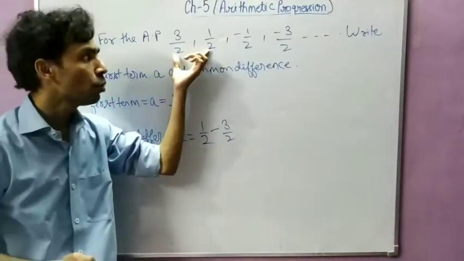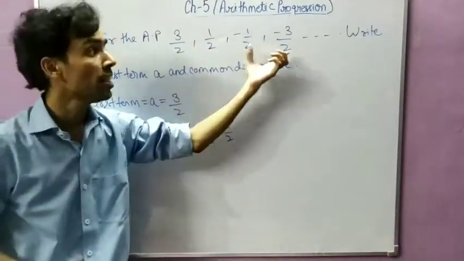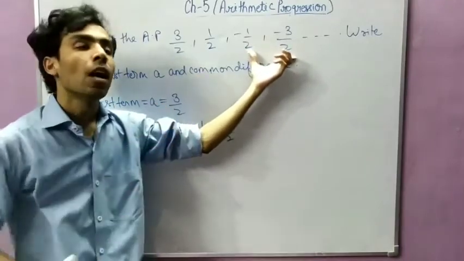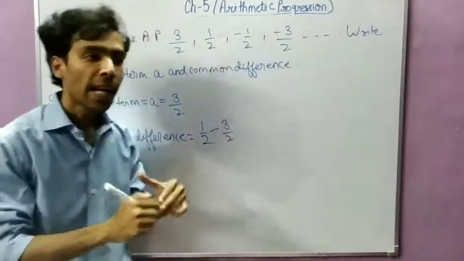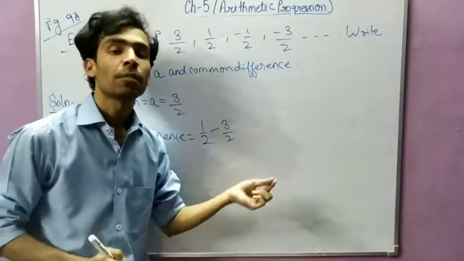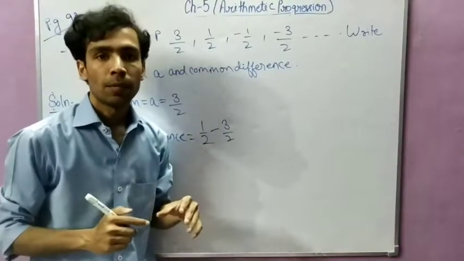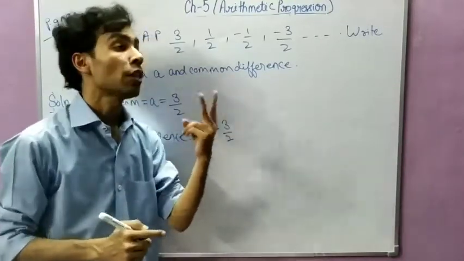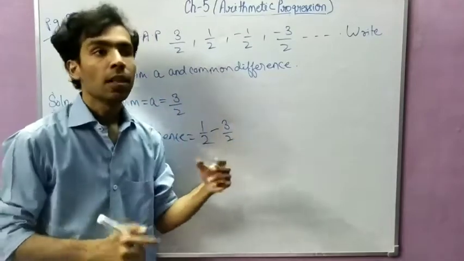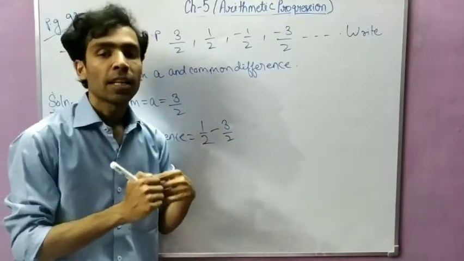I am taking these two, you can take these two also. All will give the same answer, because in an AP the common difference is constant, whatever two consecutive numbers you take.